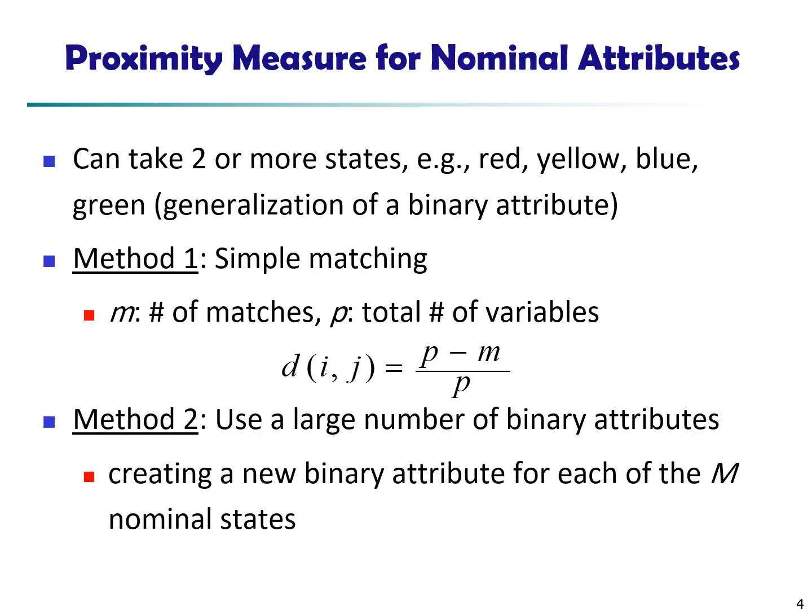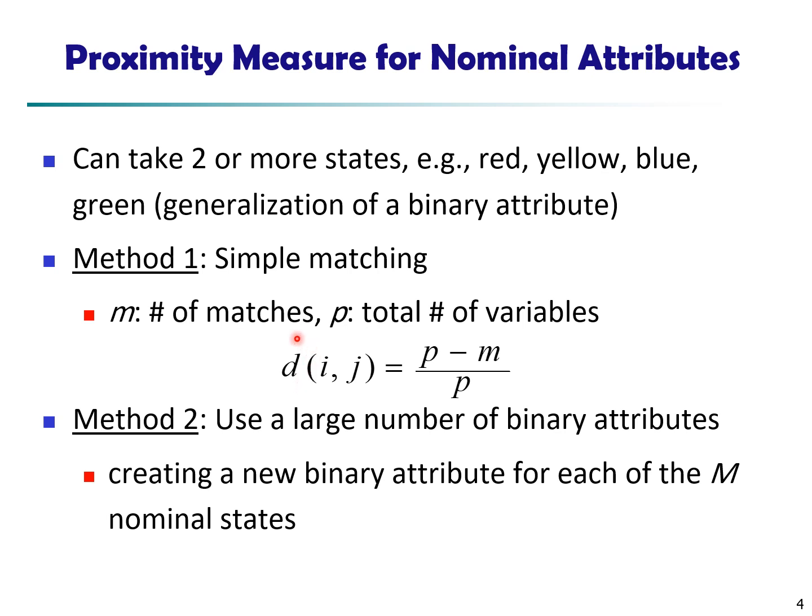First, we're going to talk about proximity measures for nominal attributes, which are similarity or dissimilarity measures for nominal attributes. A nominal attribute, we agreed, is an attribute that takes more than two states, for example, a color attribute: red, yellow, blue. The first method for calculating the proximity of a nominal attribute is using this formula, which we call simple matching.